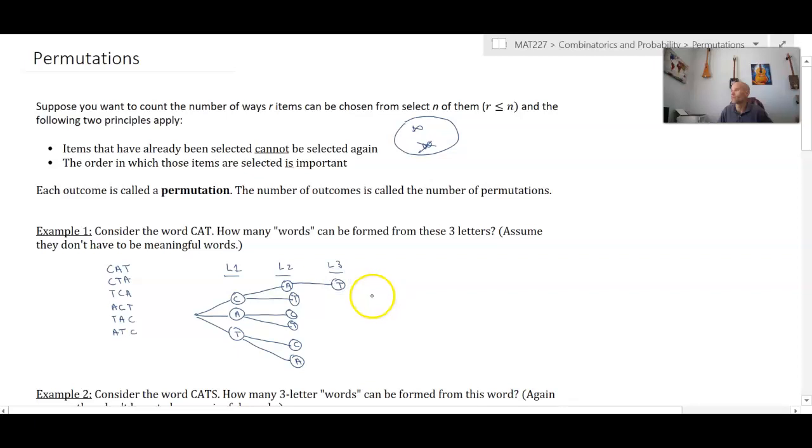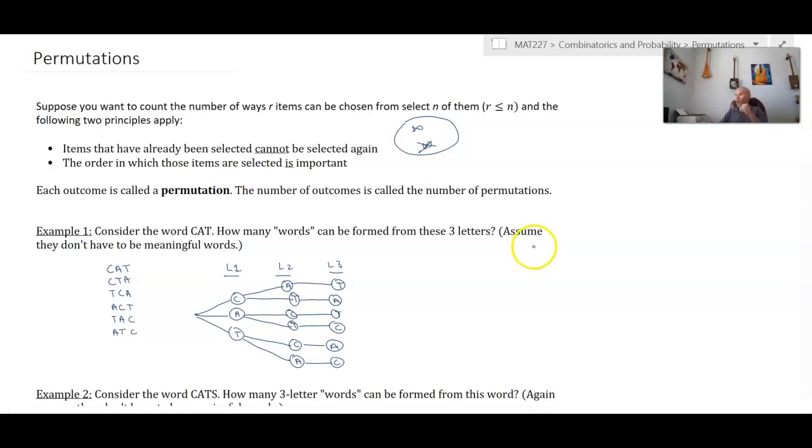There's specifically T available. If C was the first letter, T was the second letter, then only A is available for the third. A-C-T, A-T-C, T-C-A, or T-A-C. Right? So every branch omits one of the possibilities from the previous branch.